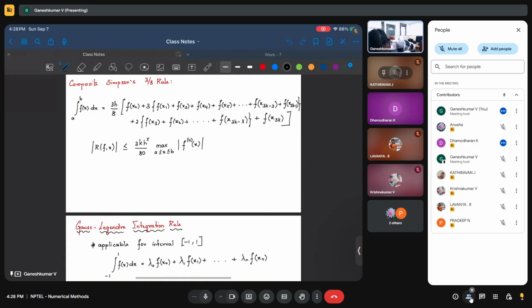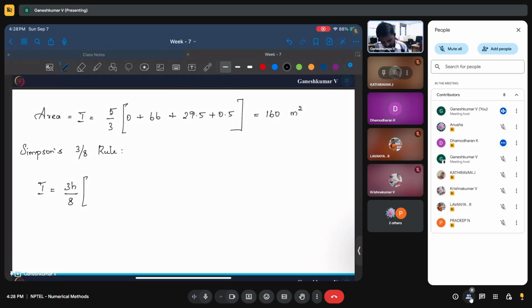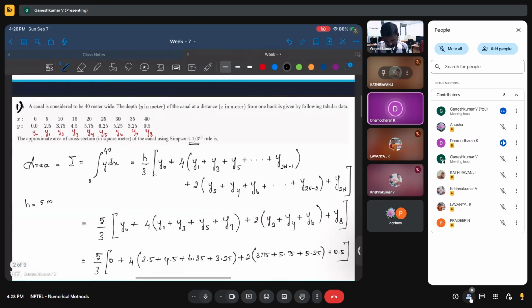3/8 rule. I see. Okay, so it is applicable only for multiples of 3 intervals: 3, 6, 9, 12, like that. Right. Okay, yeah. You do have 9 points, but the interval is 8.